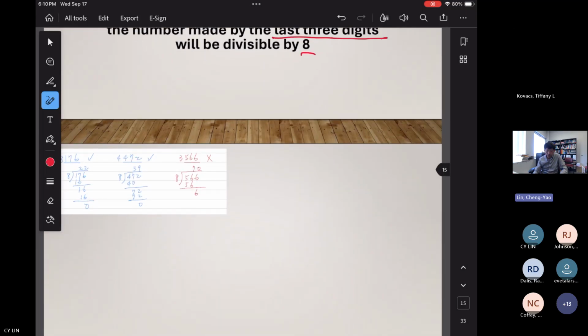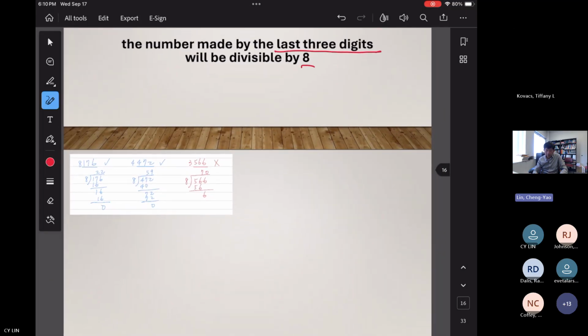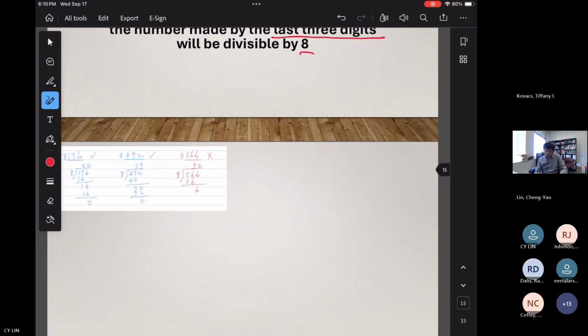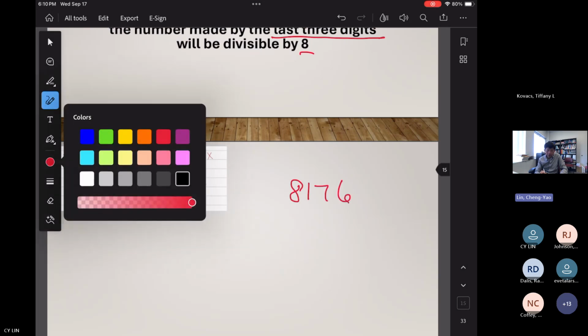The last three digits. So 8,176, divisible by 8, yes or no?